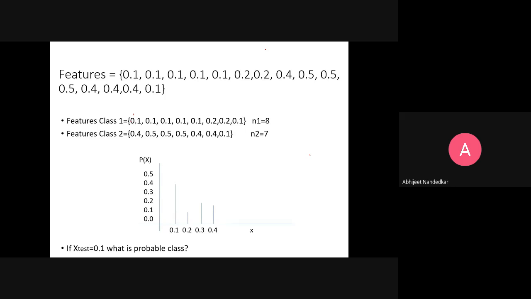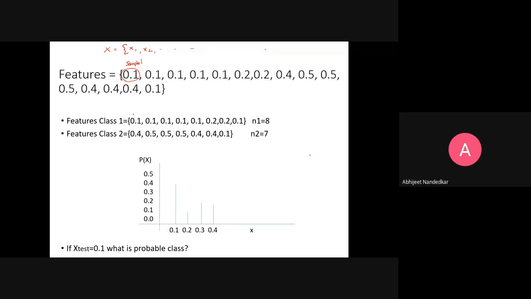Now we can take a simple example of this Bayesian approach. Let us say that there is a set of features. So this is a set. Assume that we have extracted only one dimension of some object. So this is only 1D data. So this is sample number 1. So I can write it like this: sample 1, sample 2, and so on.